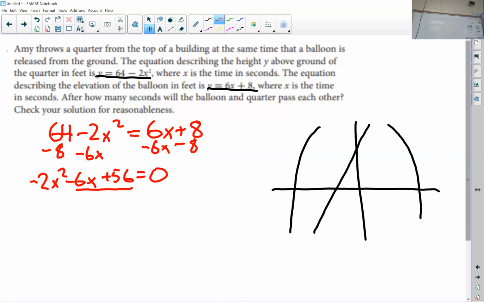Divide everything by negative 2, because that's going to make fewer negatives. Negative 2x squared divided by negative 2 is x squared, negative 6x divided by negative 2 is 3x, and 56 divided by negative 2 is negative 28.